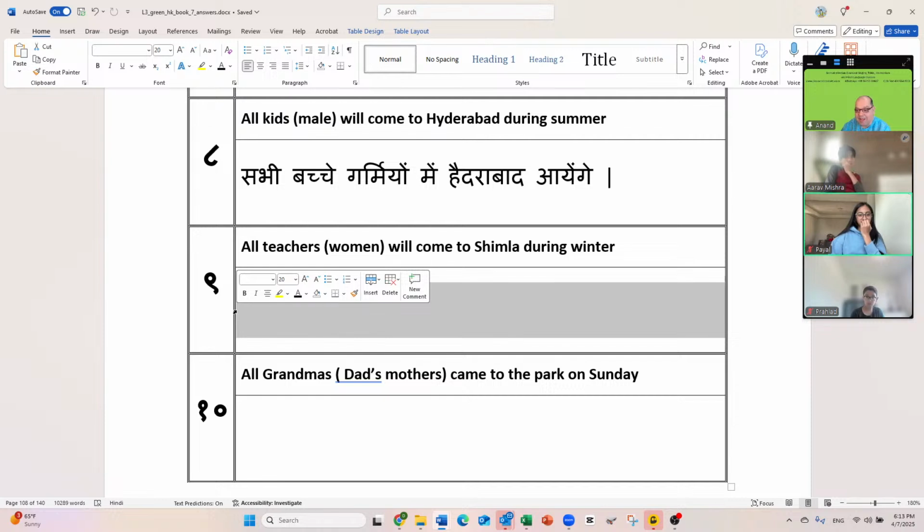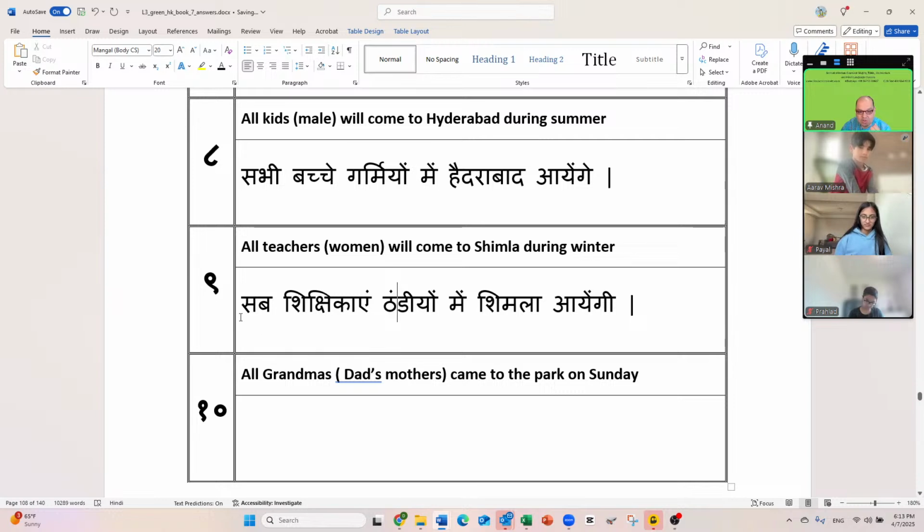But let's come to Hindi. What is the opposite of garam? ठंड, ठंडियों में, right, सर्दियों में, ठंडियों में. Any of those two. So सभी शिक्षिकाएं ठंडियों में शिमला आएंगी.